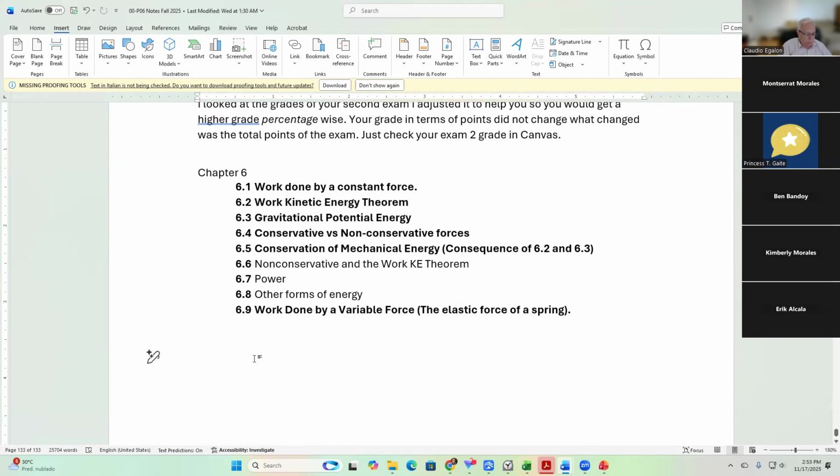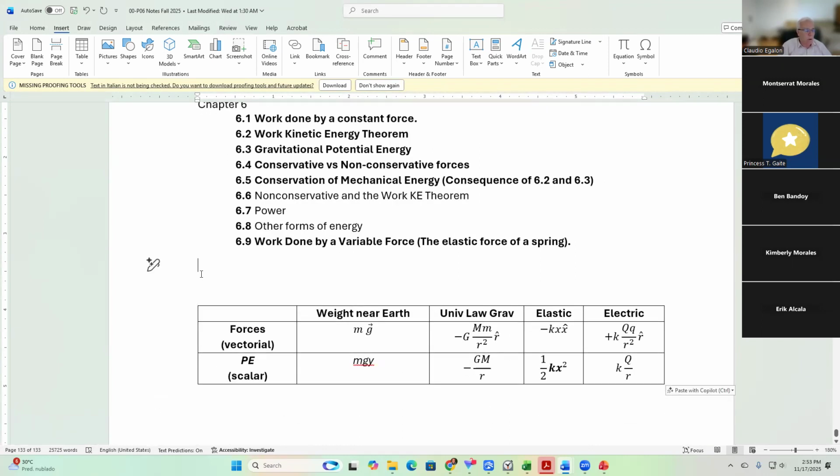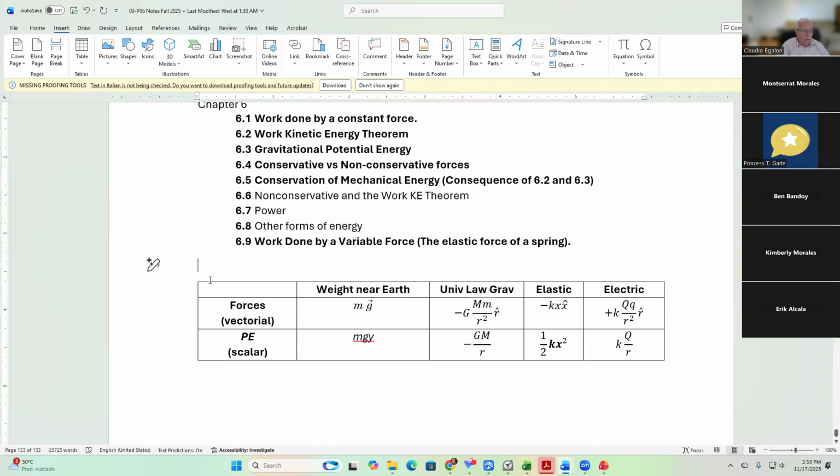Right in here, this table of the potential energy of different types of forces, of different types of conservative force. Okay, so let's not forget, potential energy is associated only with certain types of forces. This type of force, the conservative force.